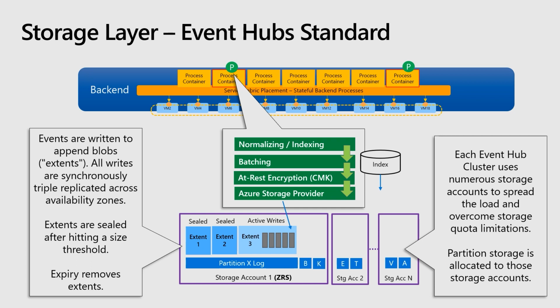And because we have multiple storage accounts, that's also how we spread the load, and that's how we also get the IOPS, because we can just spread that across clusters. And all of that writing is happening to zone redundant storage, and that's how you get the triple replication against availability zones at that layer.